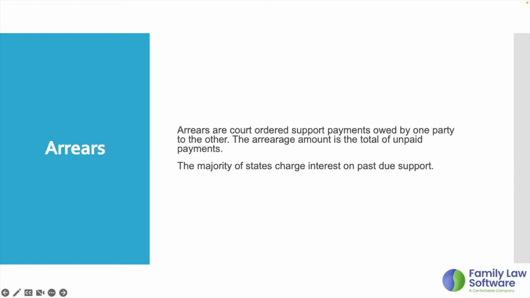Both of those links are going to be really good resources to find out, does your state have an interest rate that they apply to retroactive support or arrears? And then the national legislators also have a guide that will point you not only to the amount, but also to your local statutes. So if you're watching this presentation and you're wondering, what does my state do? Hopefully that is a good starting point for you. So please check out those links.